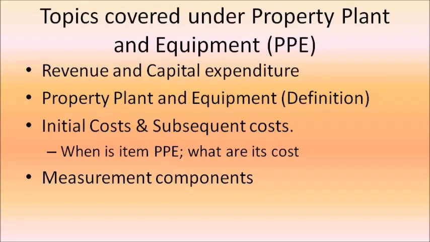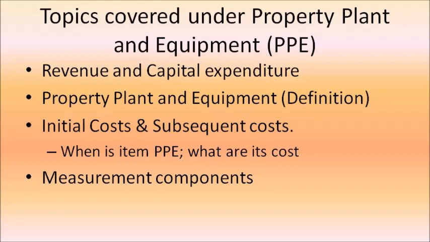Now let's see the overview of the topics that we'll be covering in this video. To start with, in order to understand the definition of property plant equipment, it is very necessary to understand the distinction between revenue expenditure and capital expenditure. Next, we are going to understand the initial costs and subsequent costs.